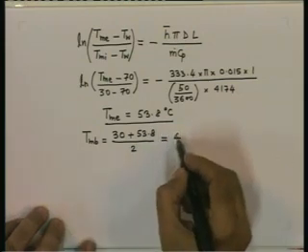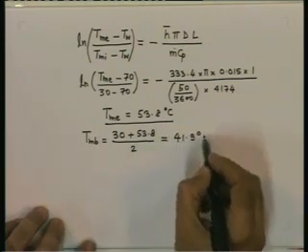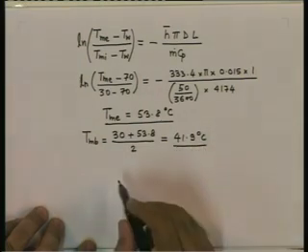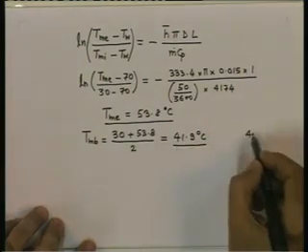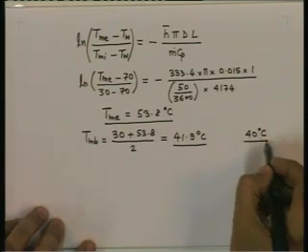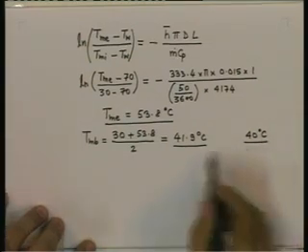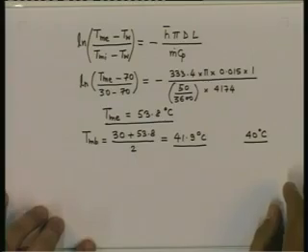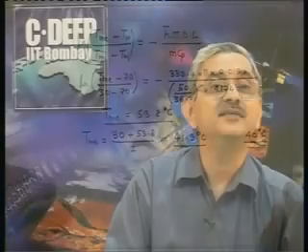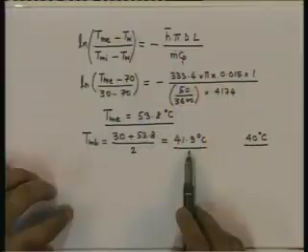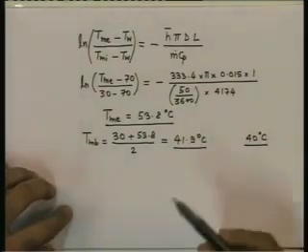This turns out to be 41.9 degrees C. We had assumed 40 degrees C. It is different, higher by about 2 degrees C. Properties will be slightly different. If one insists, one can now recalculate the properties at say 41.9 degrees C, go through the same exercise, and maybe you will get a slightly improved value of Tme.